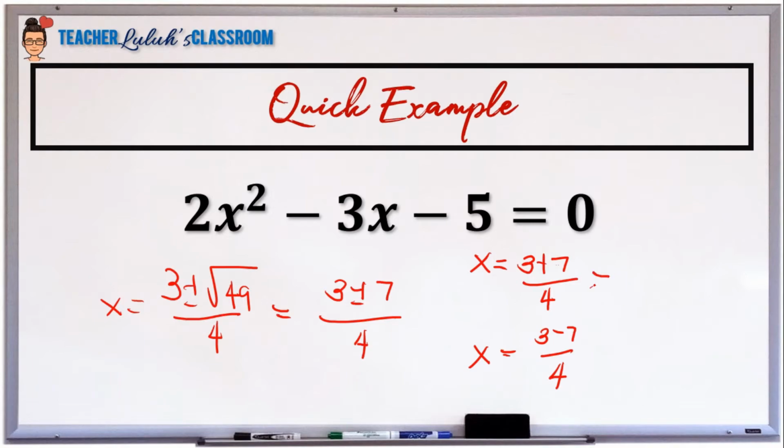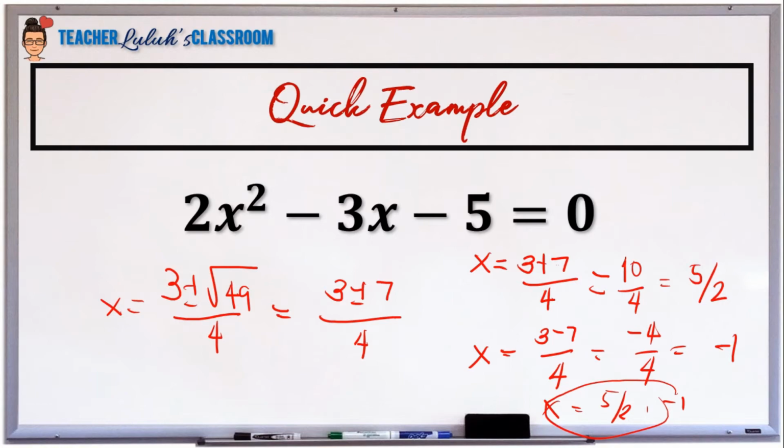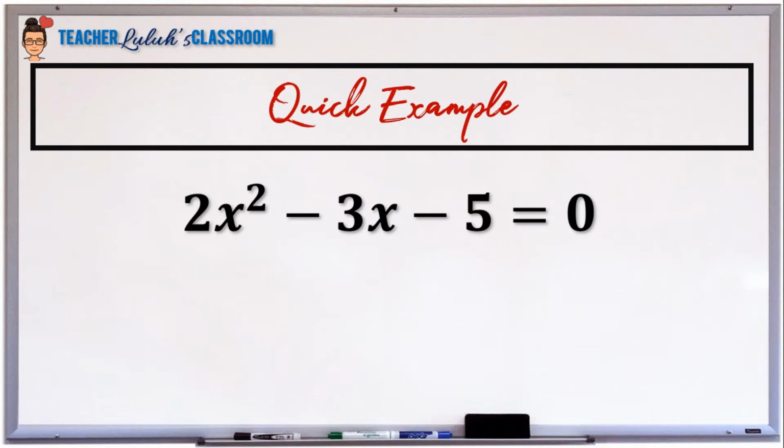So therefore x is, this is 10 over 4, which is 5 over 2, and negative 4 over 4, which is negative 1. So that means x is equal to 5 halves and negative 1. Okay, so that's how we use the quadratic formula. a, b, and c are needed.